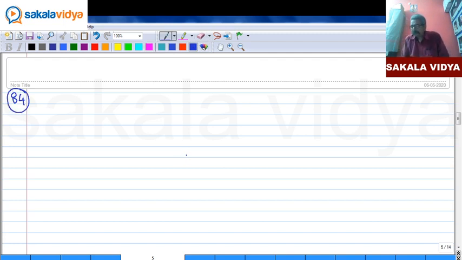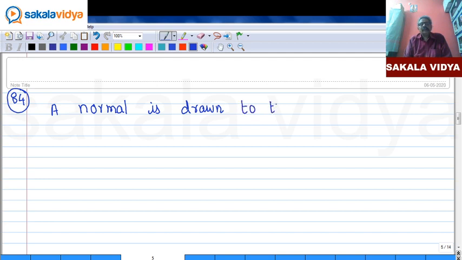A normal is drawn to the ellipse x square by 25 plus y square by 16 equals 1.